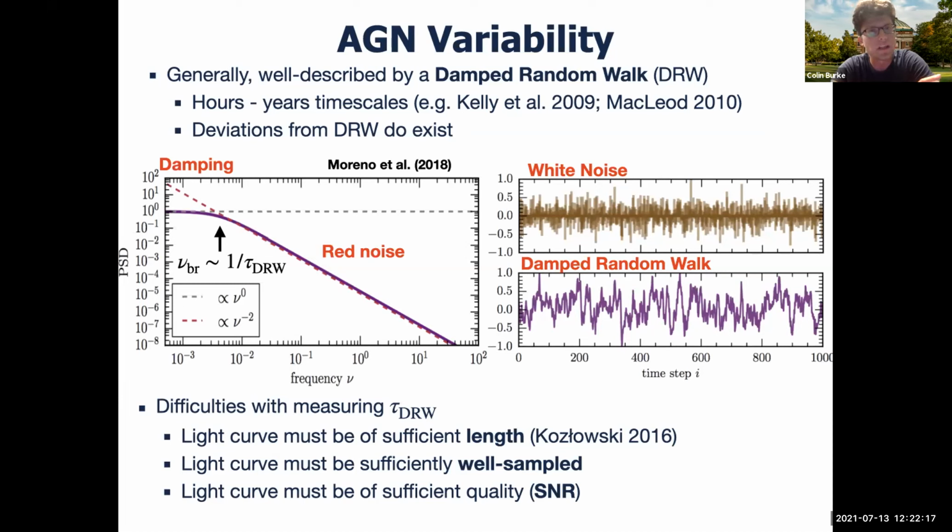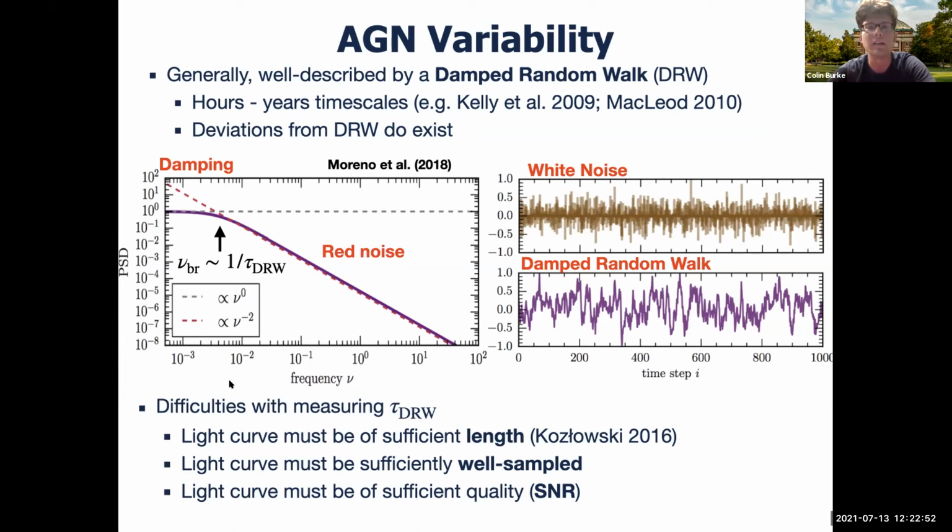Generally speaking, AGN light curves are well described by the damped random walk model. Although deviations from the damped random walk do exist, which I'll touch on later, that really doesn't affect the fact that we have this characteristic damping in the light curve: you have red noise on short time scales, and eventually the light curve power spectrum flattens at low frequencies on longer time scales.